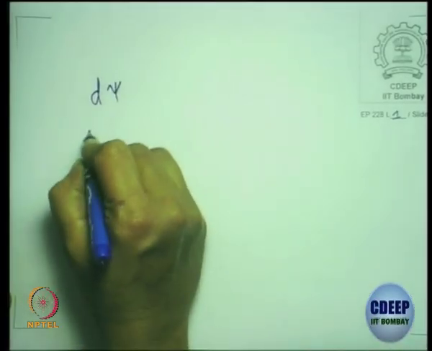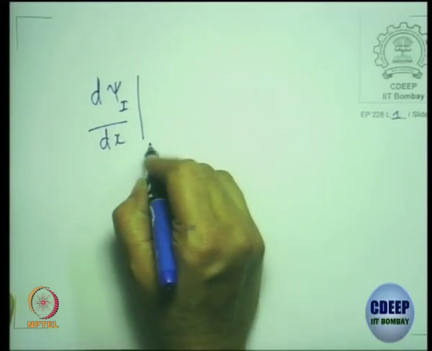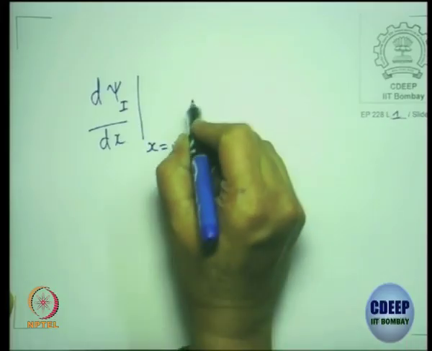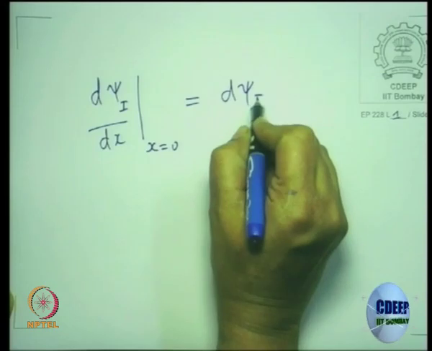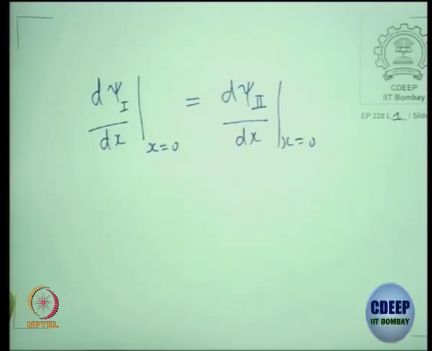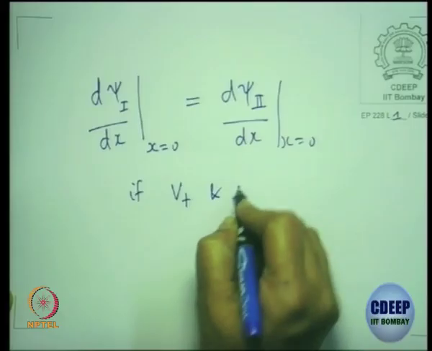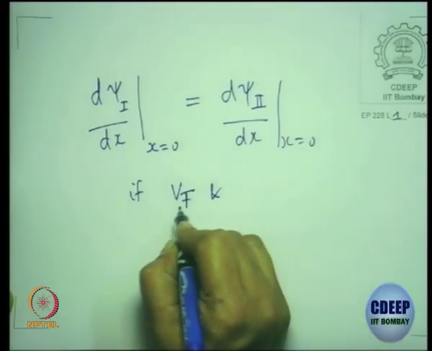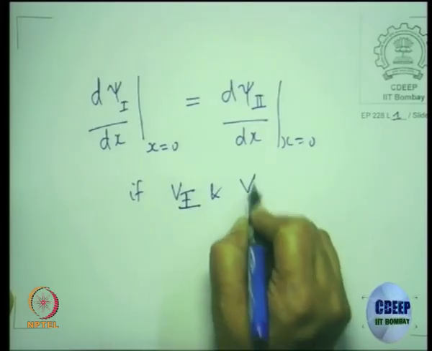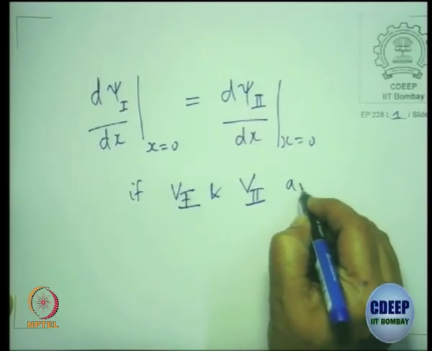We say that d psi by dx in region 1 at x equal to 0 should equal d psi by dx in region 2 at x equal to 0, if x equal to 0 is the interface, if V1 and V2 are finite.